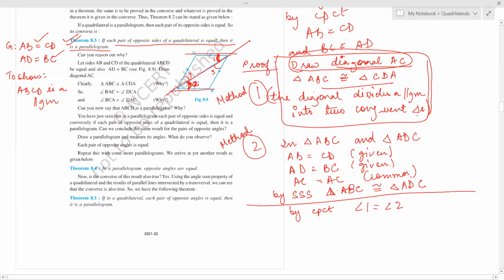What is the converse of the alternate interior angle theorem? We have just completed the chapter of parallel lines, right? Miraj, what is the converse of the alternate angle theorem? Mridula, what is the converse?